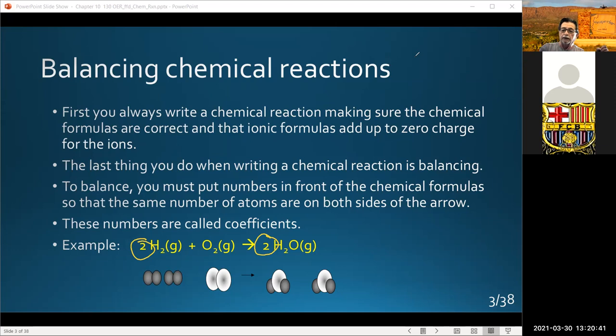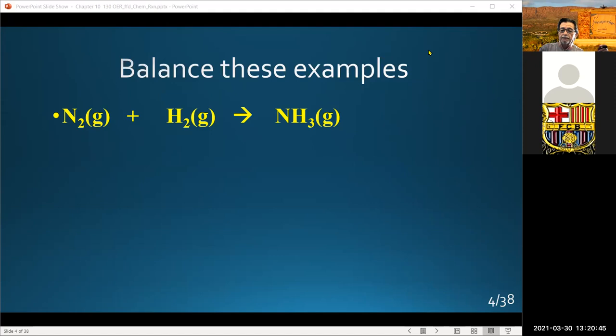All right. Let's look at this one. So here, not to worry about the reaction here, but I think we've talked about these chemicals already before. We got nitrogen, a diatomic gas, hydrogen gas, and NH3. If you recall from our Lewis dot structures, that is the formula of ammonia.